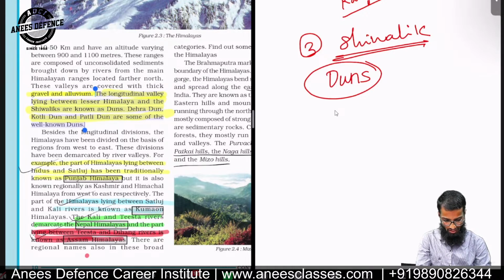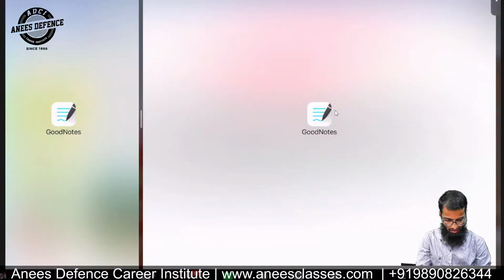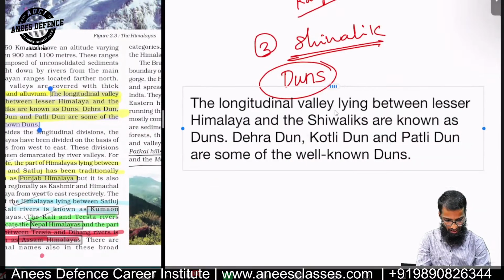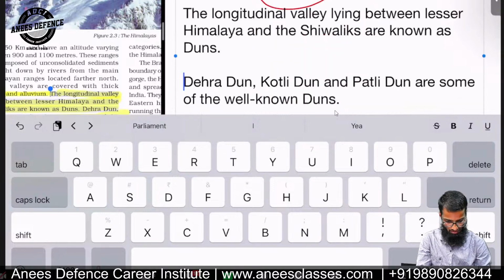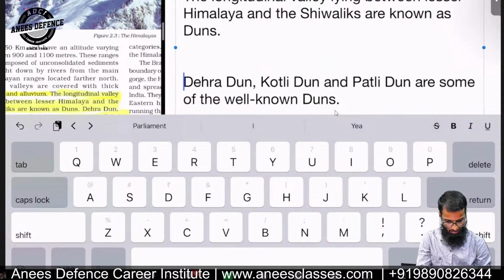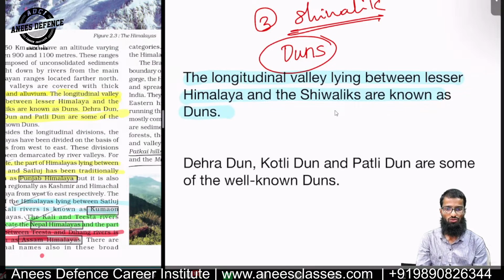I will copy and paste it here so that you can take the screenshot, or you can write it, or you can highlight it in your book. I'm suggesting that this question can be asked, that the longitudinal valleys lying between lesser Himalayas and Shivaliks are known as dunes.